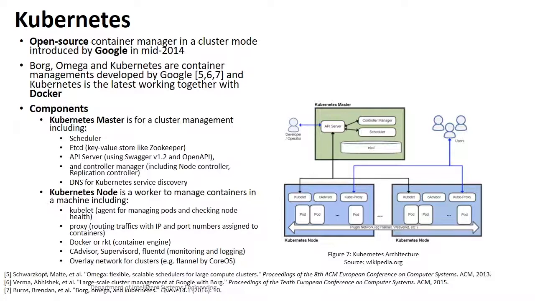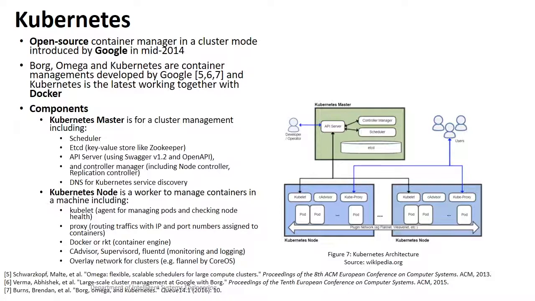It is a container management tool that was introduced by Google in 2014. So this is a very recent development, and we have since then seen a rapid adoption and improvement of this particular technology.